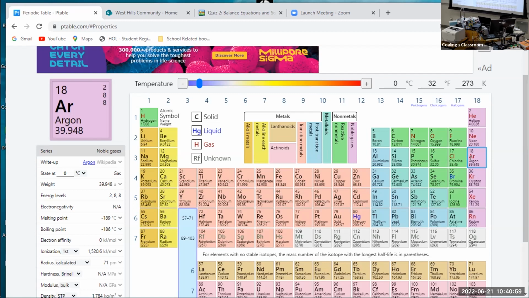Positive, so we put a plus. Chlorine is going to be like, you're losing that electron, so I'm going to gain it, so it would be negative. Chlorine is right here, it wants to gain, so it's going to take that electron.